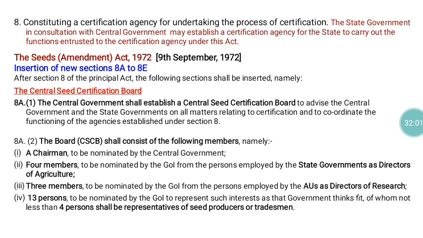So directors of research working in agriculture universities are eligible to become members. Like the Central Seed Committee, here also 13 persons are nominated. Out of 13 persons, not less than 4 shall be representatives of seed producers or tradesmen. So seed producers or tradesmen are also included in the central seed certification system. This is regarding 8A subclass 2.